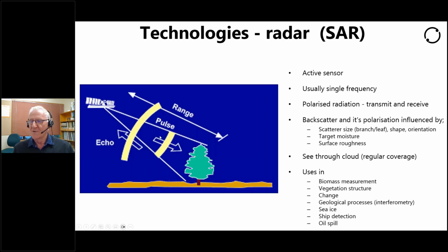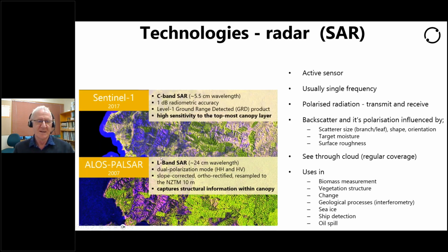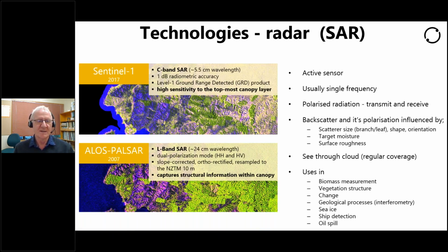Both the transmission and reception of this energy uses polarized energy, so you can tell things about the shape and the size of the scattering elements and the orientation. Moisture is very important, and also surface roughness. So although it's single frequency, because you've got these multi-polarizations, you can in fact colorize up the polarizations and have what is in some ways similar to a color image representing different aspects of the target here.